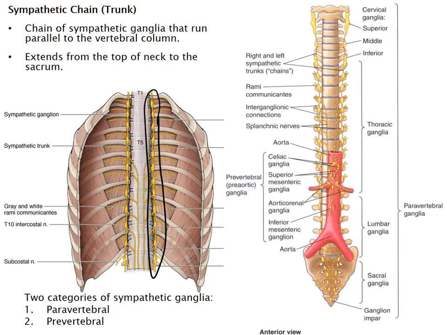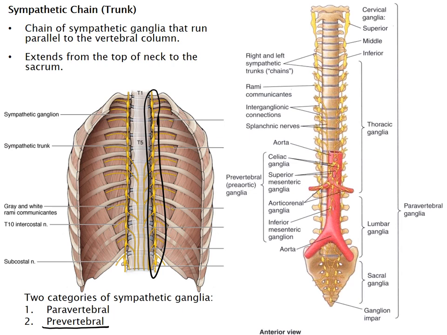In addition, synapses can also occur in what are known as prevertebral ganglia. So what's the difference between paravertebral ganglia and prevertebral ganglia? Well, let me remind you that the prefix para means alongside. So the paravertebral ganglia live alongside the vertebral column, whereas the prevertebral ganglia are positioned in front of the vertebral column.